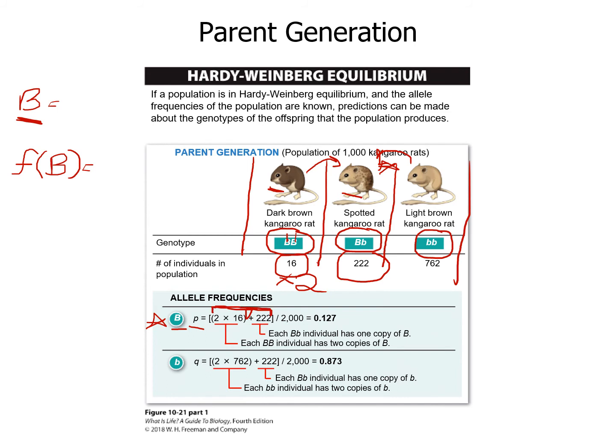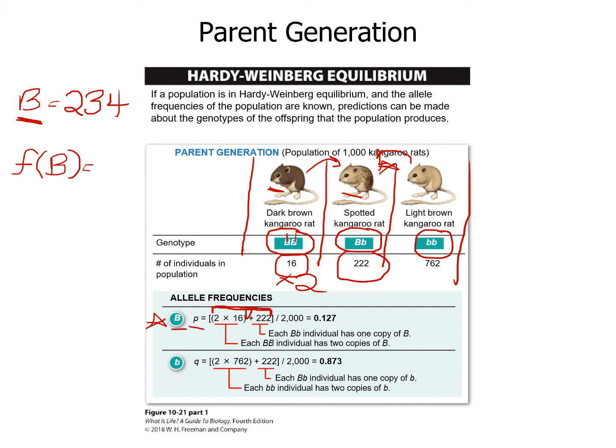So we have in total 32 plus 222, which is going to give us, let me do a little math here, 34, I believe.